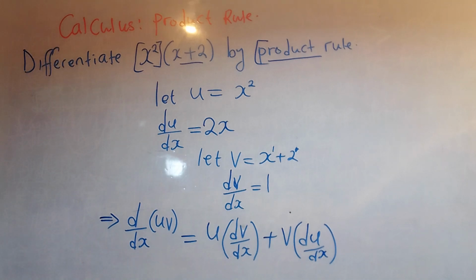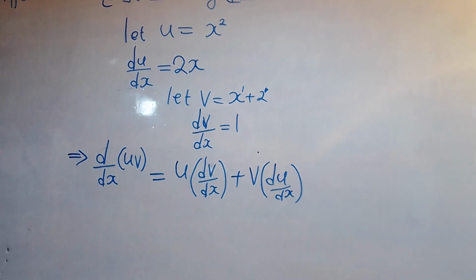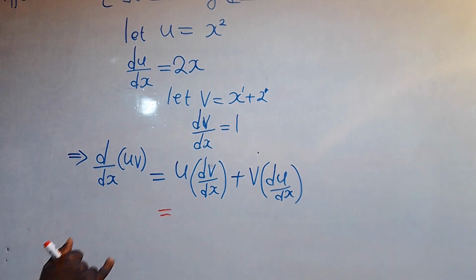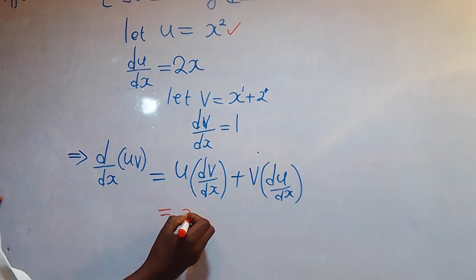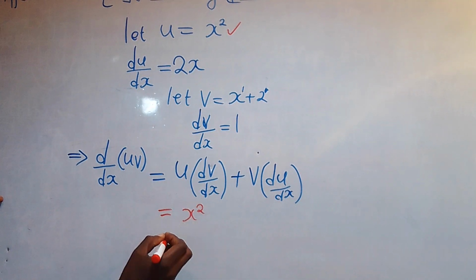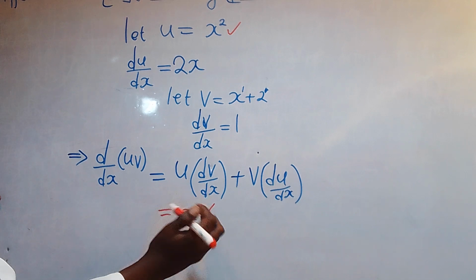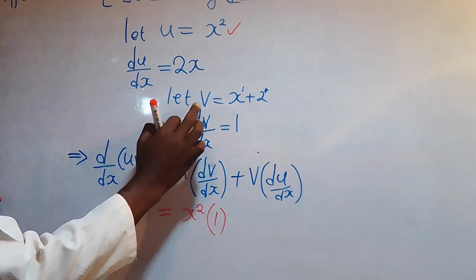Once you do that, what follows is that we can start replacing. This u is x squared, multiplied by the derivative of v, which is 1.